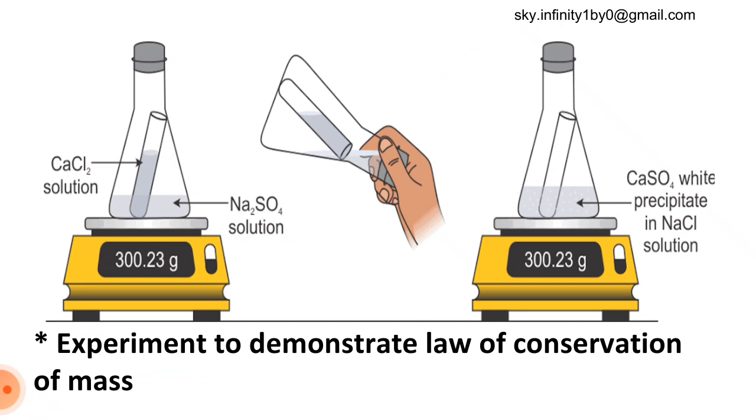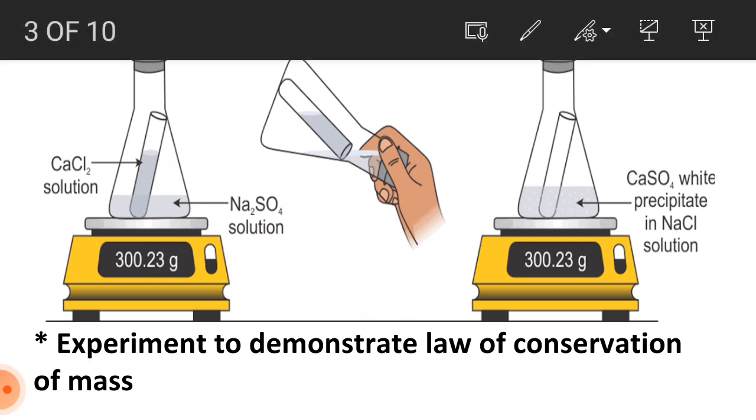The mass is reported. The conical flask is slightly tilted so that the sodium sulfate solution leaks into the calcium chloride solution and a reaction takes place.